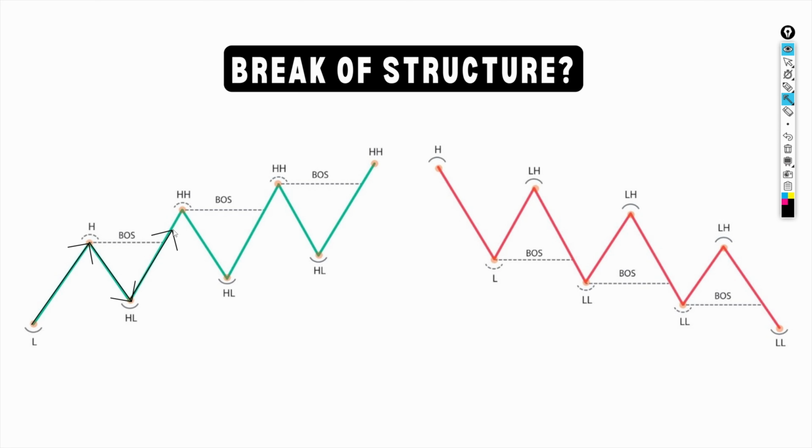Again, the market started moving up and it breaks the previous high. What does it mean? It means the buying pressure was high again, and that's why this high was broken. Similarly, you will find the price going up again, breaking the previous high. Why? Because the buying pressure is high.